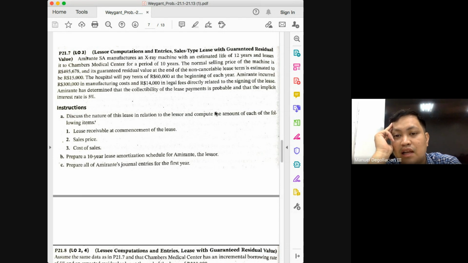To be considered a major part of the life of the asset, we only need 75%. So since the lease term is 83% of the useful life, this passes the test on the major part of the life of the asset.